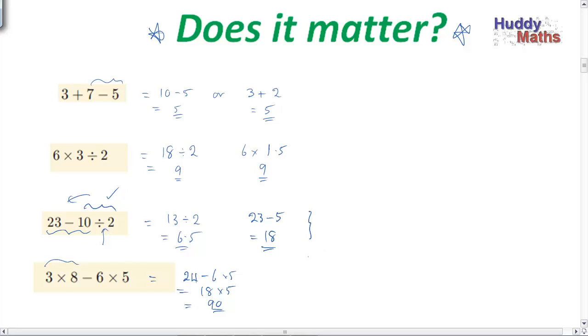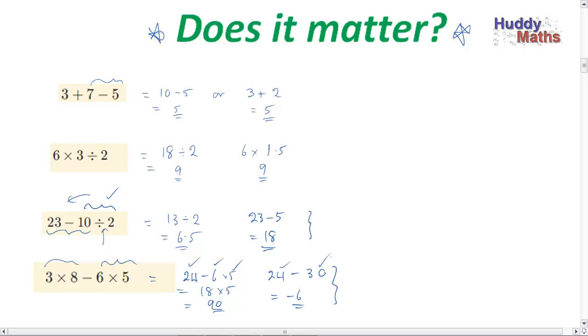Let's do this first. 24 take, and let's do this little bundle separately. 24 take 30 is negative 6. Danger again here. If you're going just left to right, you would do that. If you bundle them up into the timeses and then subtract them, you get that. This is a problem. Okay, a real problem here.